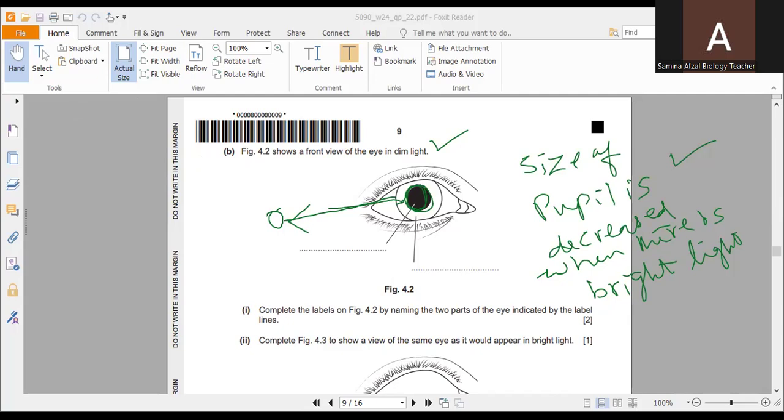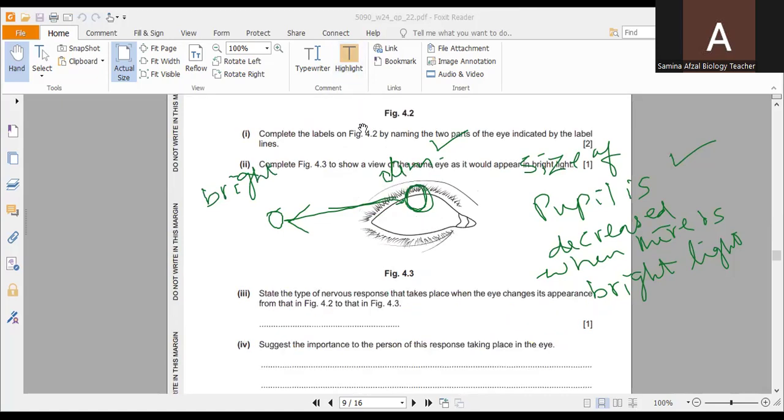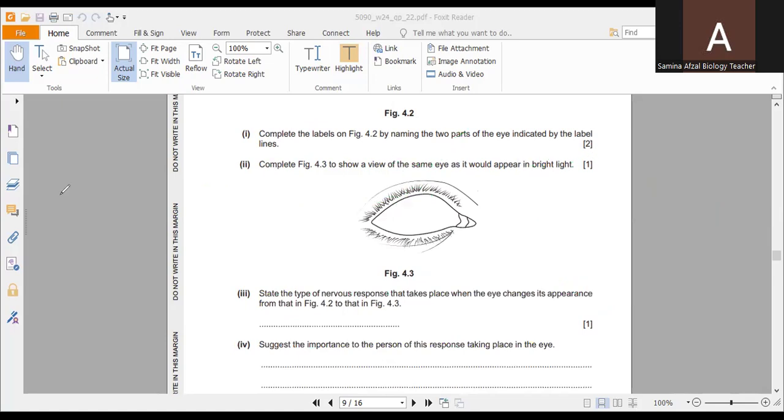So we have to draw it in this way: from dim, larger size, and smaller size when there is bright light.